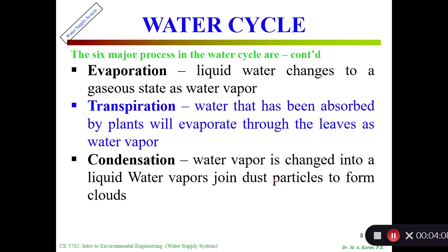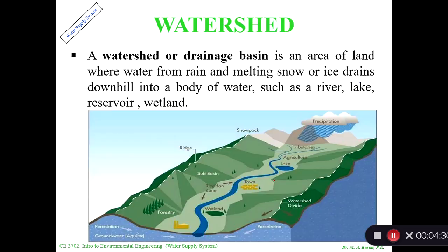Evaporation: liquid water changes to a gaseous state as water vapor. Transpiration: the water absorbed by the plants evaporates through the leaves. And condensation: water vapor changes into liquid, and the vapors join dust particles to form clouds. So these are the 6 major processes that occur in the water cycle.